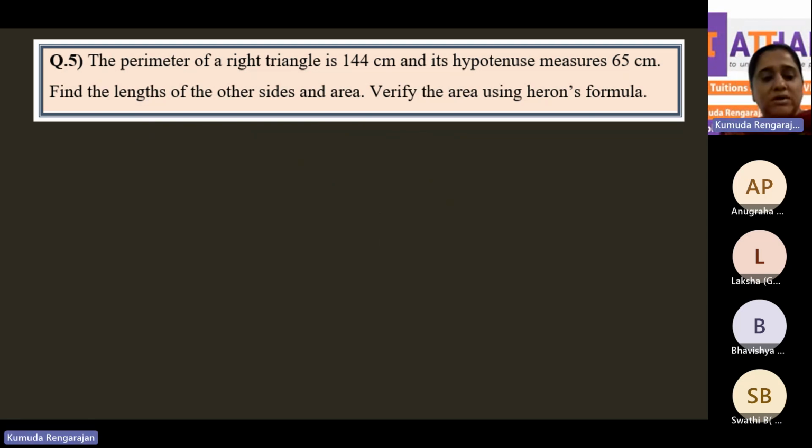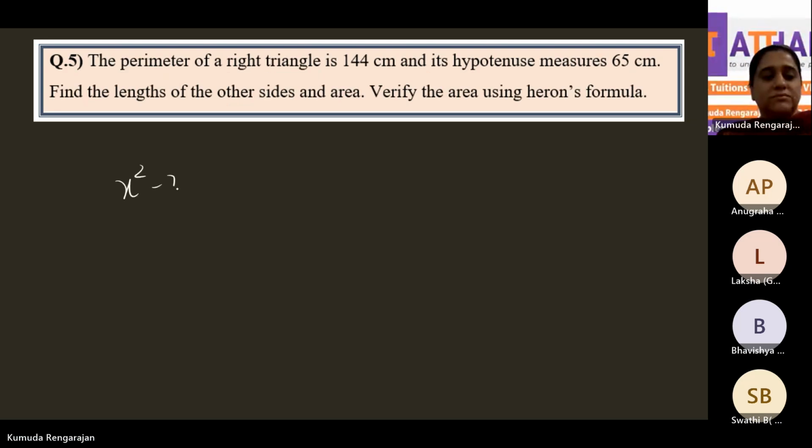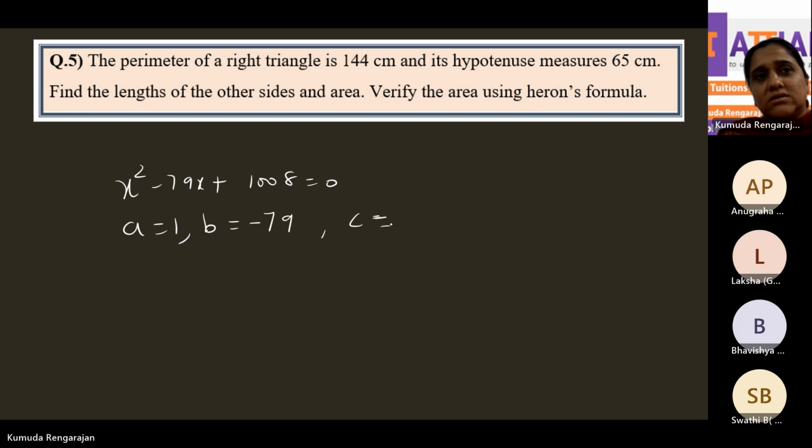So the quadratic formula: what is the value of A? The coefficient of X square, which is 1. What is the coefficient of B? Minus 79, the coefficient of X. And the constant is the value of C.